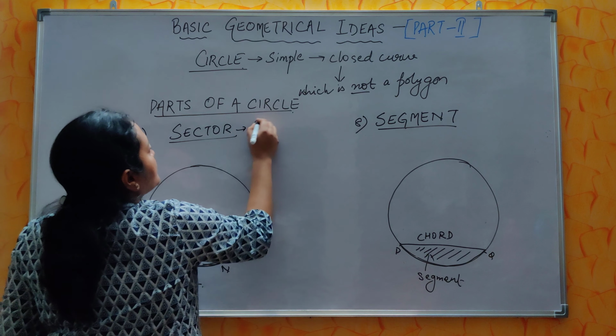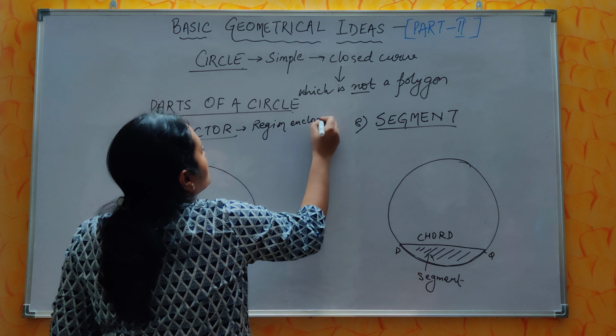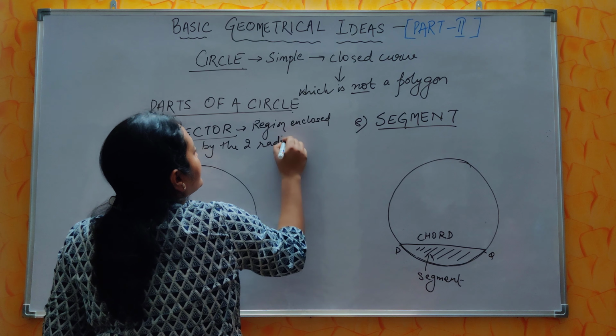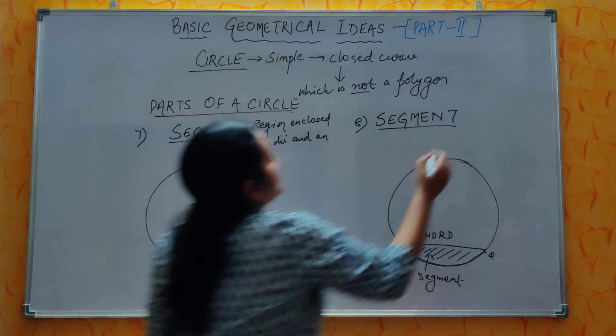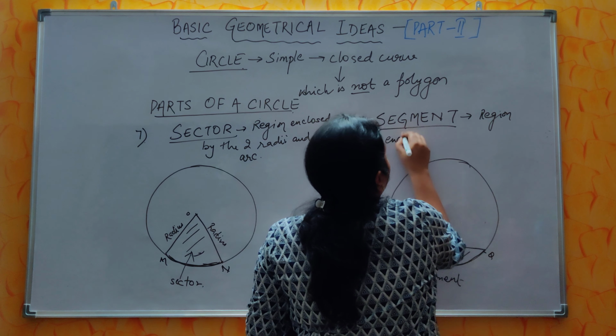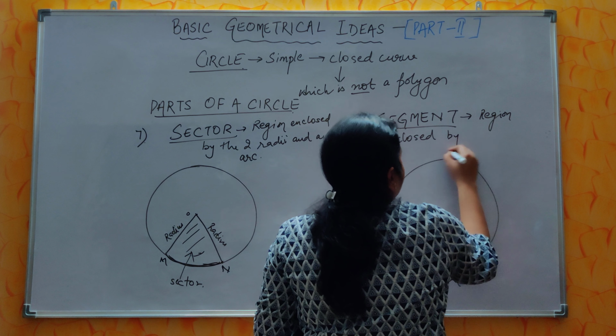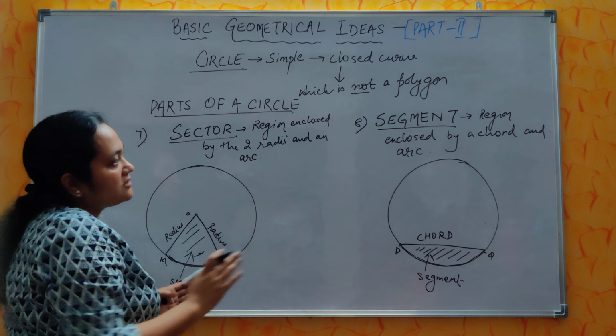Okay, a sector is the region enclosed by the 2 radii and an arc, whereas a segment is the region enclosed by a chord and an arc. I hope I've explained both the topics clearly.